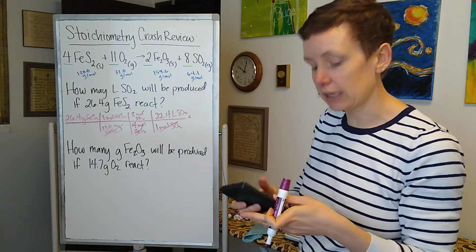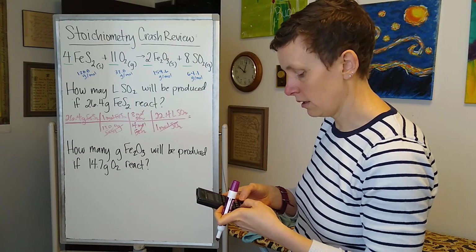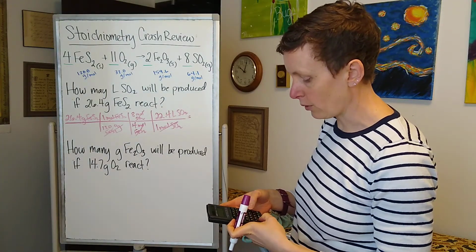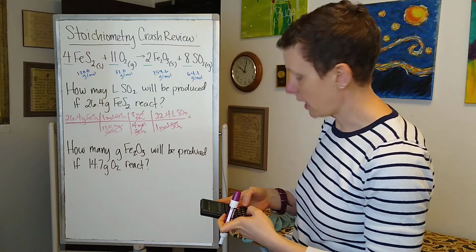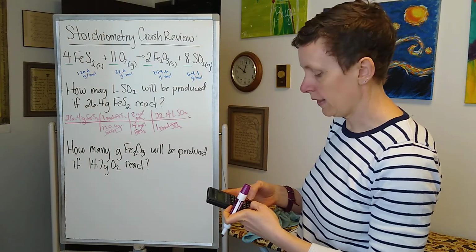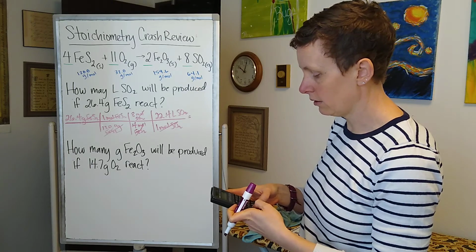And also, if we look at this to look for sig figs, okay, 26.4 has 3 sig figs, divided by 120.0 times 8 divided by 4, and then times 22.4.